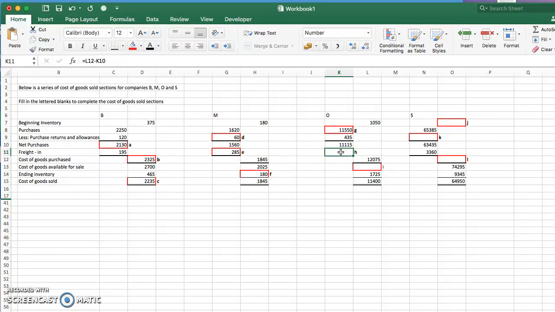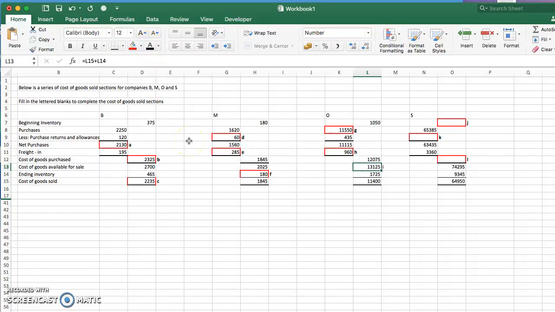Then to find the freight in, we subtract net purchases, the 11,115, from the cost of goods purchased, the 12,075, and that gives us 960. And then we need to find the cost of goods available for sale, and we do that by adding the cost of goods sold, which is the 11,400, to ending inventory, which is the 1,725, and that gives us 13,125.